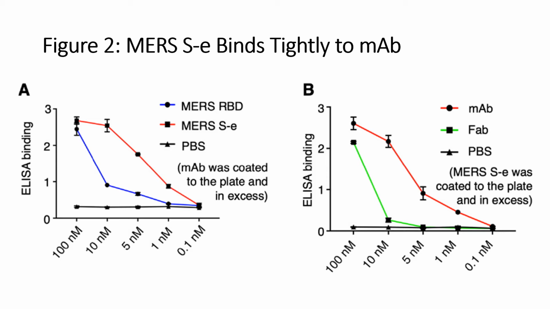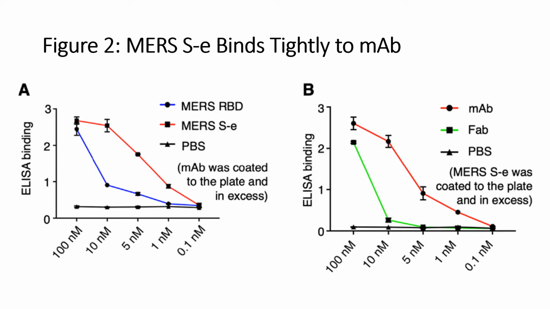So the monoclonal antibody was used to coat the ELISA plate in A, and then different concentrations of the RBD and of the ectodomain were added for the detection of their binding to that antibody. As we can see, both of them bound to the antibody, but the ectodomain bound to the antibody more tightly, which is indicated by more ELISA binding on our y-axis.